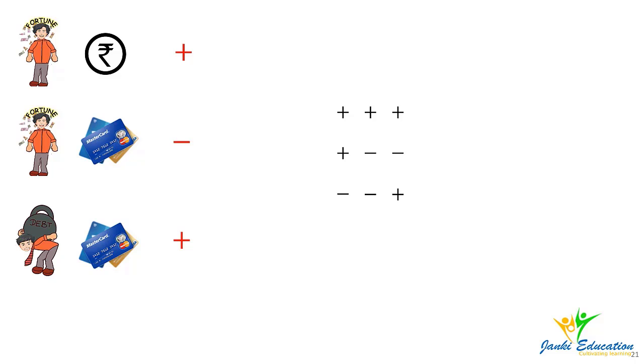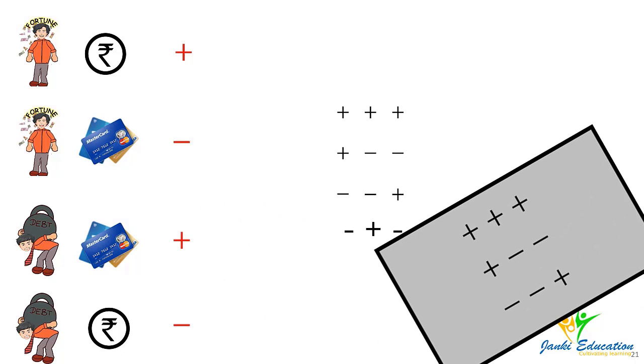And if I am already in debt and I earn some money, then my debt will be reduced a little, subtracted. So it goes like this: minus, plus, minus. Clear?